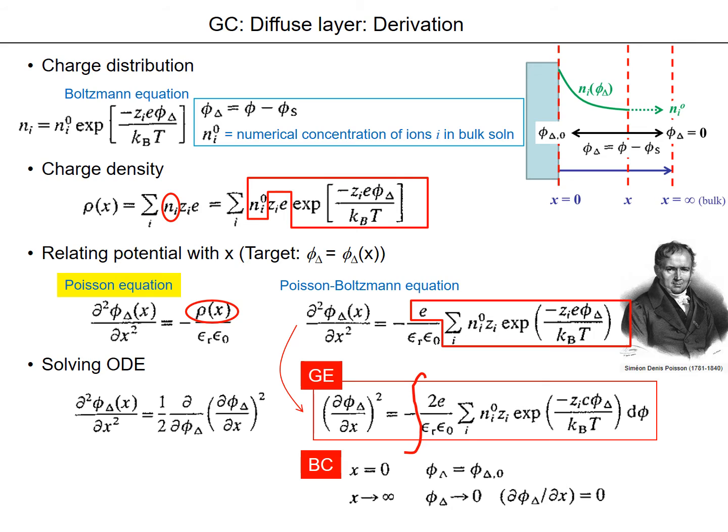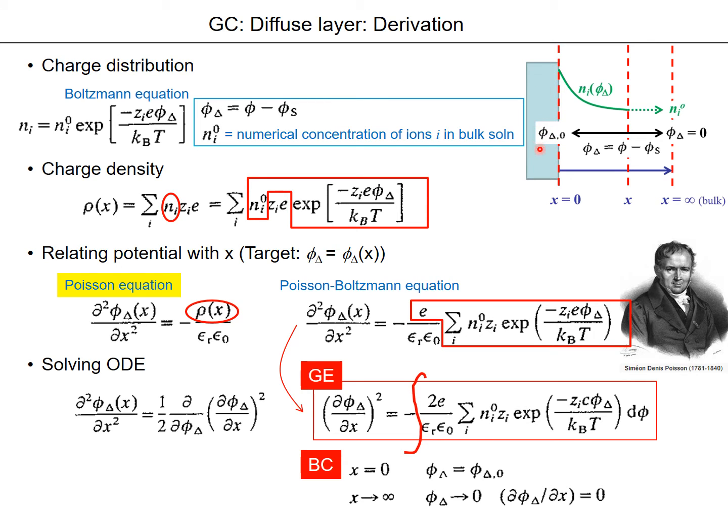Let me derive the equation for the Gouy-Chapman model of the diffuse layer. Here is the situation. I have an electrode, and here is the electrolyte. The x-axis goes from the surface of the electrode to the bulk electrolyte. Right now, I'm applying a negative potential to the electrode.